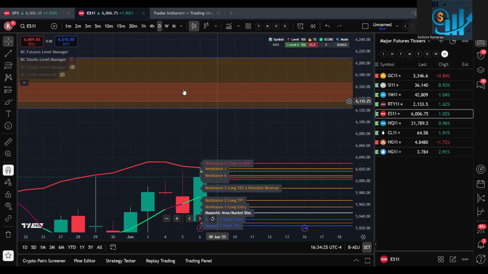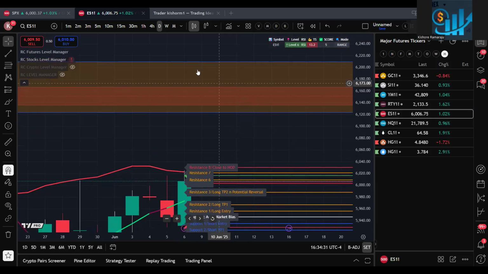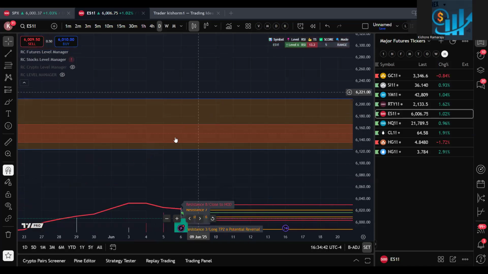Even though it might be above the magnetic area, if you are close to the sell zone, that is where you can avoid the buy signal, right? That means it is bullish, but you are already at a resistance. Then you don't take the buy signals.